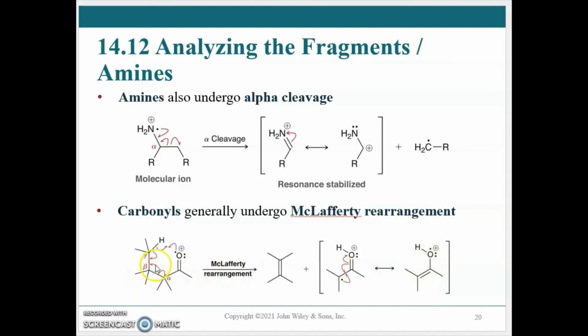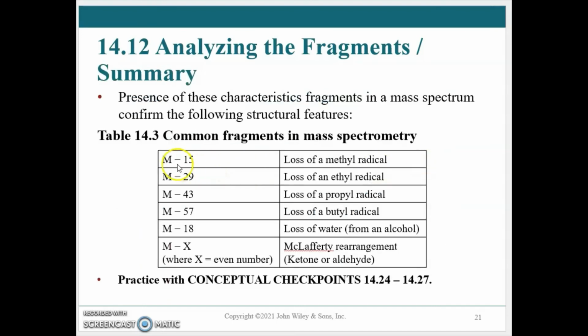And then this fragment, pardon me, let me get a pen here. This fragment will leave as a neutral molecule and will be seen as a loss. So there are going to be characteristic losses, and you can find large tables if you're routinely analyzing mass spec for structure elucidation to help.